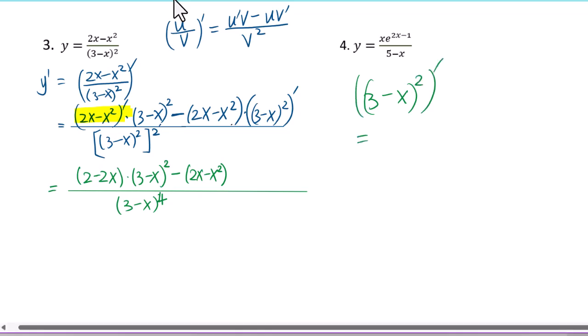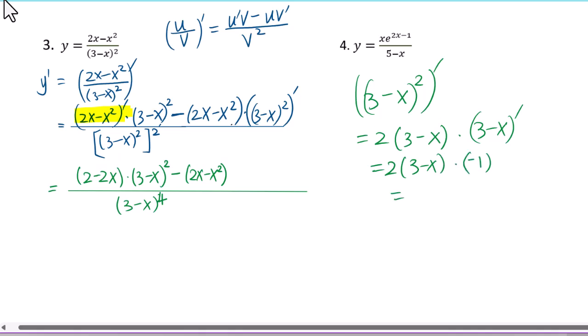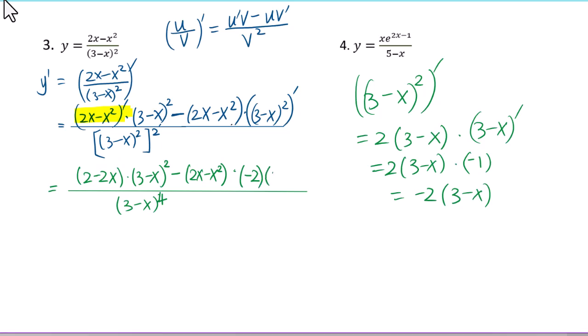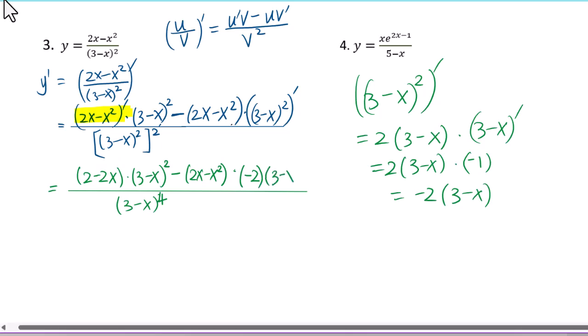Use the power rule. 2 times 3 minus x times 3 minus x prime. 2 times 3 minus x times negative 1 equals negative 2 times 3 minus x. So times negative 2 times 3 minus x. Before we move on, we need to reduce.